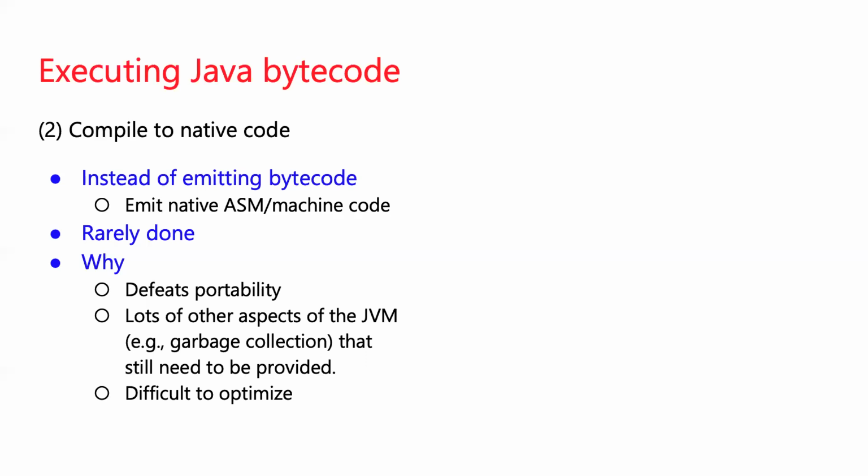And a lot of the overhead of the JVM doesn't really have anything to do with running native instructions. It's due to other parts of the JVM. The JVM is always running a garbage collector, and even if you can run Java bytecode really fast, that garbage collector is going to have some overhead. Also, as you're running a Java program, you're always loading in new class files.